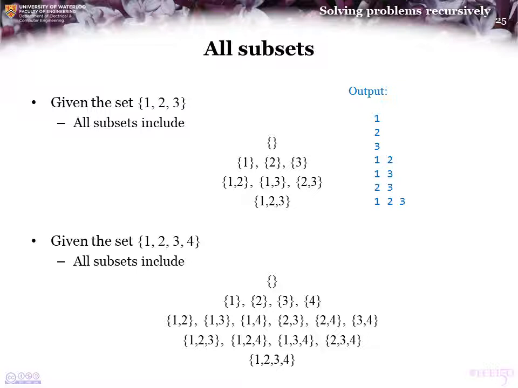Because for each of the 4 entries, we may choose or not choose to include it. Consequently, there's 2 to the 4 possibilities of choosing or not choosing each of the entries. Once again, we see that the number of possibilities equals 4 choose none, 4 choose 1, 4 choose 2, which is equal to 6, 4 choose 3, and 4 choose 4.